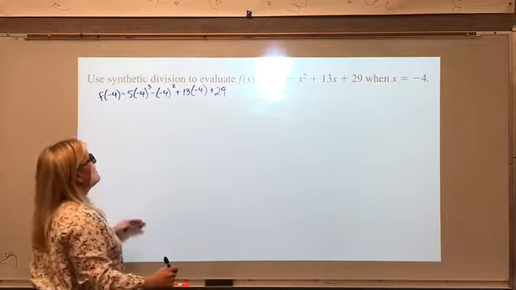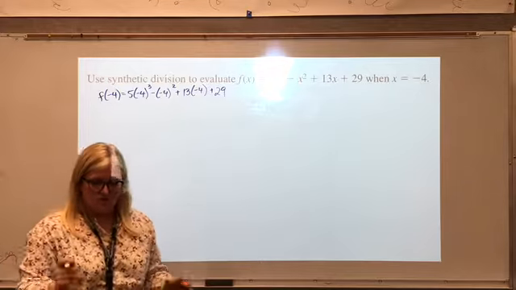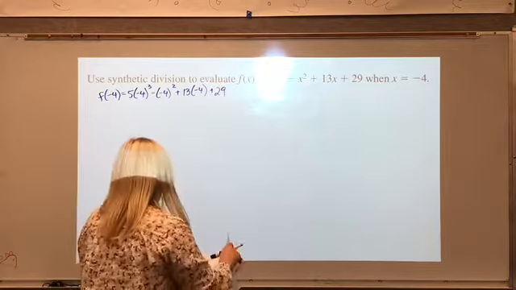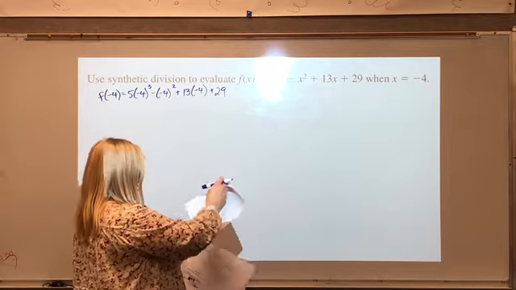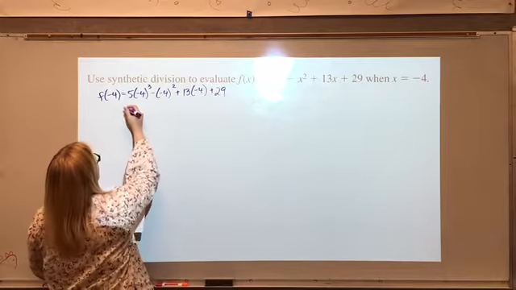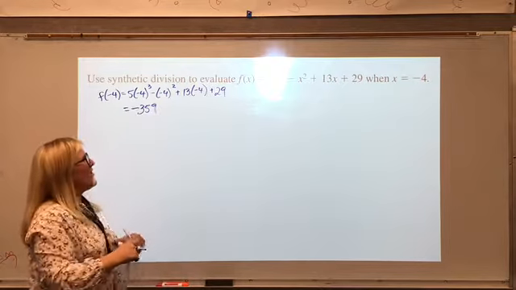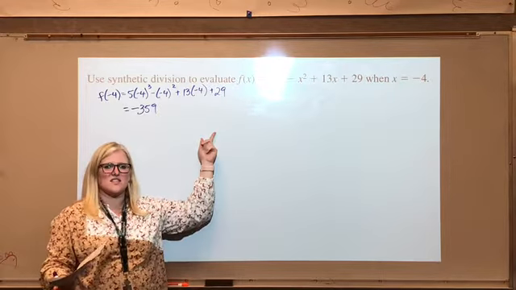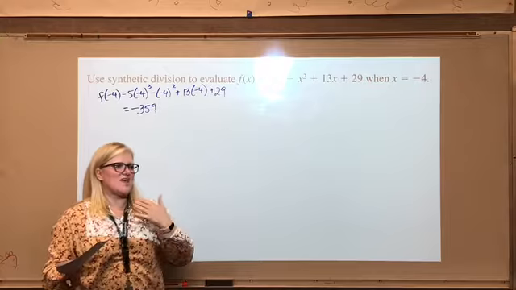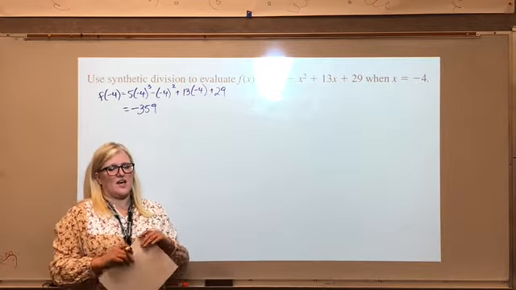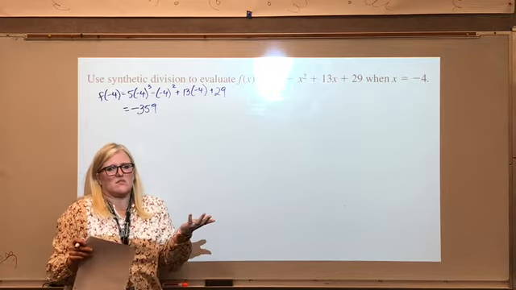Okay, so we evaluate this, and trust me when I tell you that the answer is negative 359. Now, it's fine, we can do this. The problem is that there is a lot of room in there to make a mistake. Just a simple little mistake.